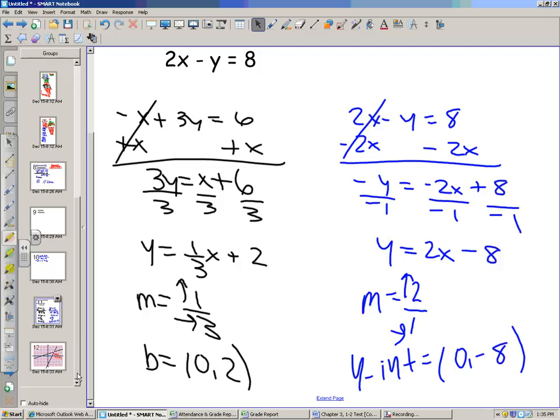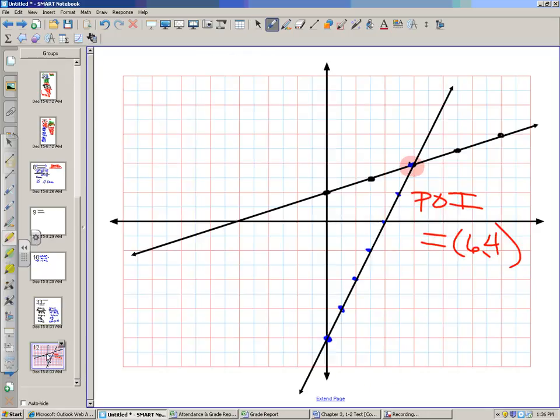If they cross at infinitely many points, like this one right here, what is that? It's dependent because they're exactly the same equation. Yes? Okay. So back to this. What is this again? This is an independent system because it crosses at 1 point. Do we understand it? Yes or no?